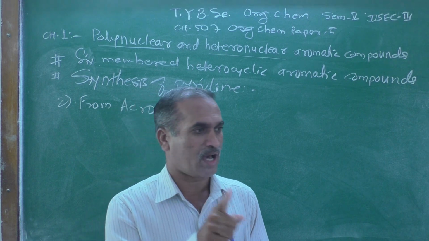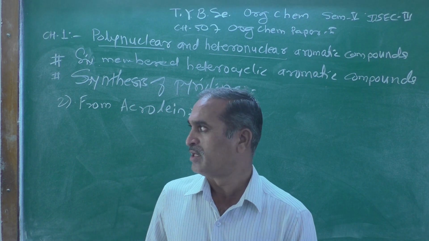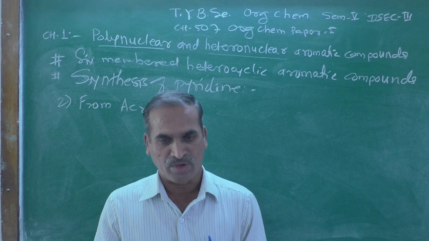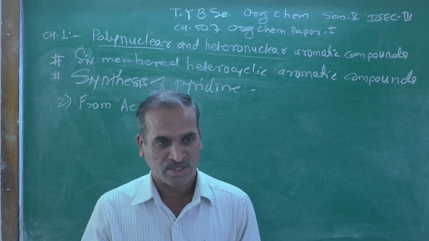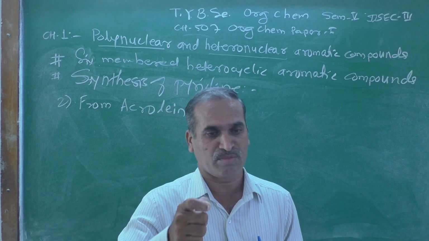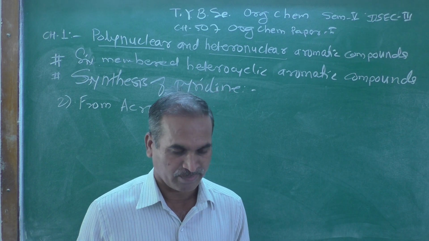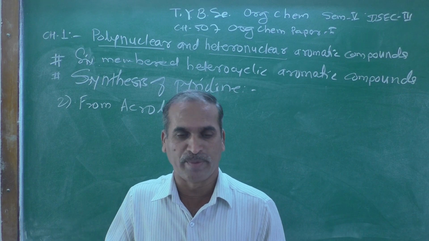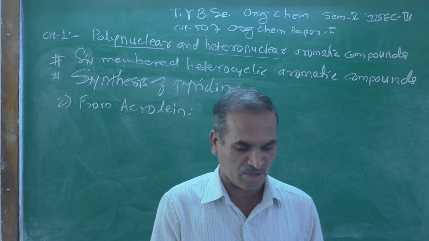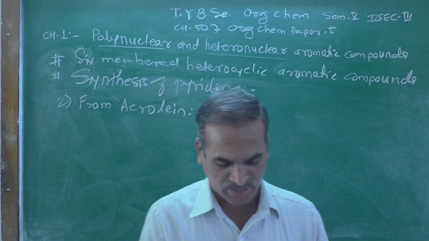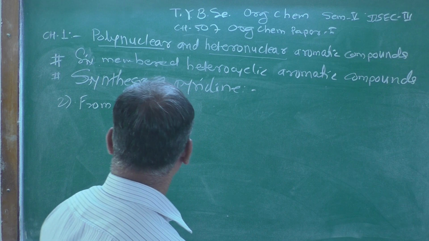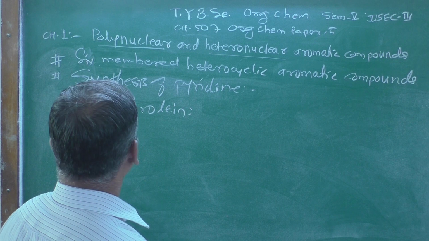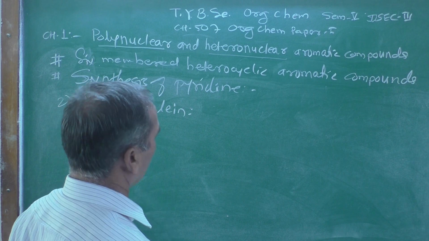Whenever new carbon-carbon bonds are formed, that reaction is very important from the point of view of synthetic organic chemistry, because you are developing a new methodology for the synthesis of new compounds, and that's why it has great importance in the synthesis part from acrolein.